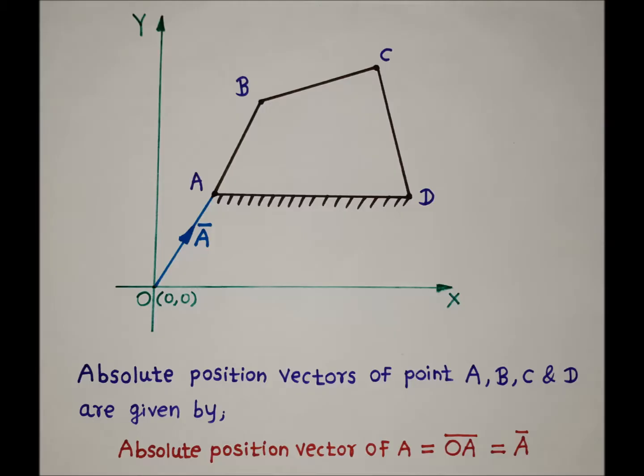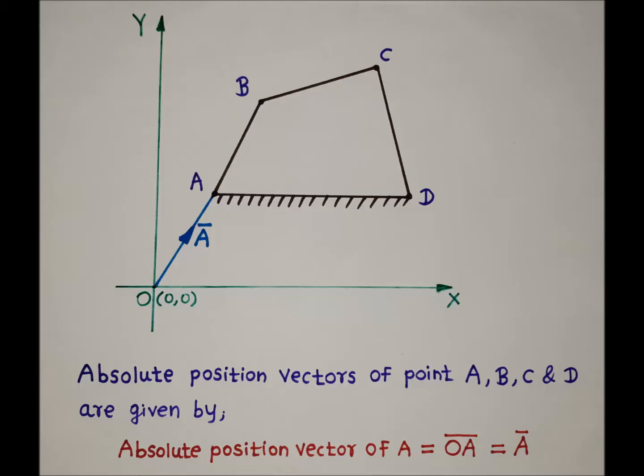Now we are going to mark absolute position vectors for points A, B, C, and D. Right now we have located the absolute position vector of point A.